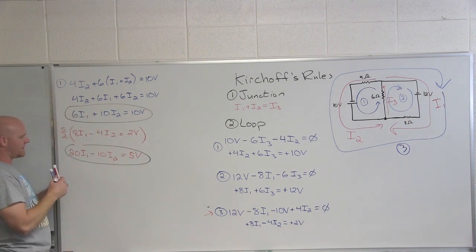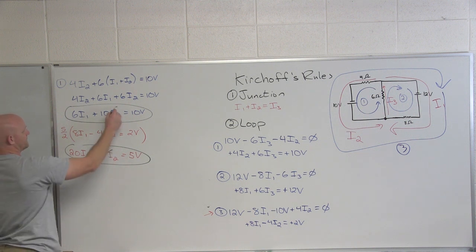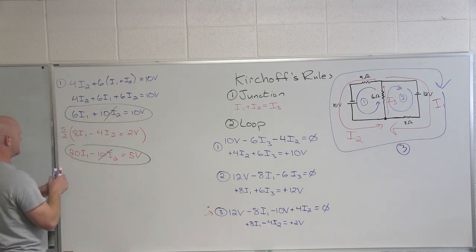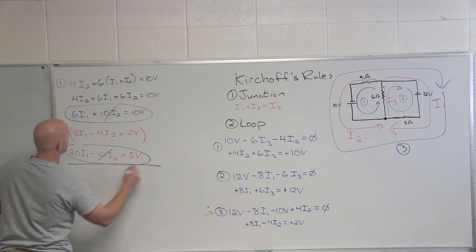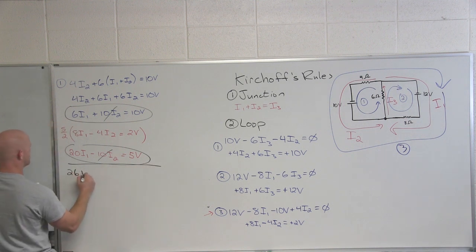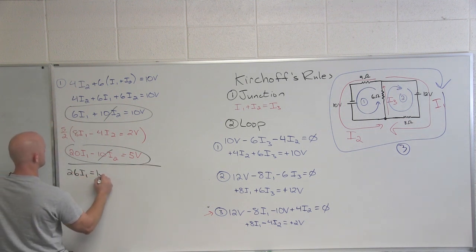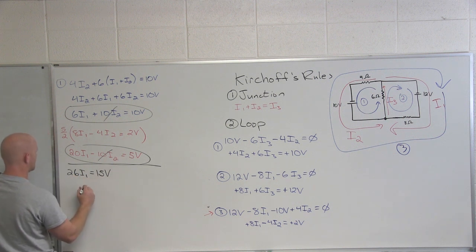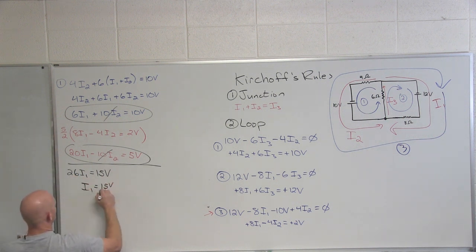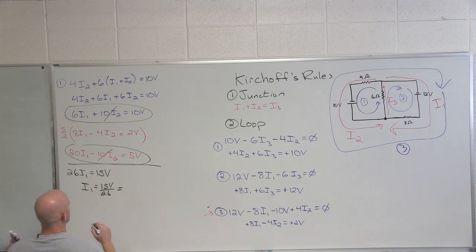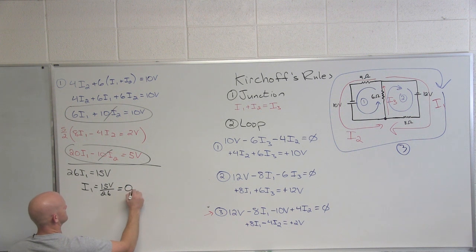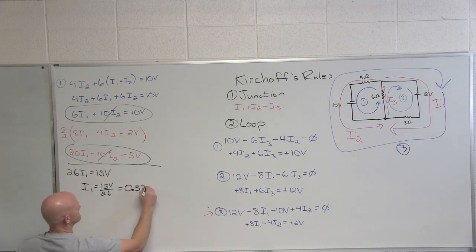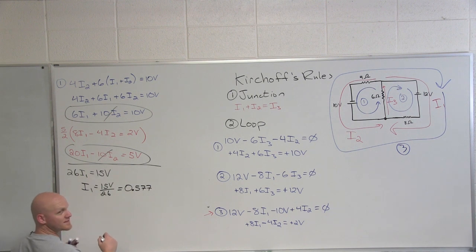And then I'm simply going to add these two equations together. And when I add them together, what cancels? The I2s. And what will I be left with here? 26 I1 equals 15 volts. And here's where I need you to pull out your calculator. Somebody get me a value of I1? 0.577 what?